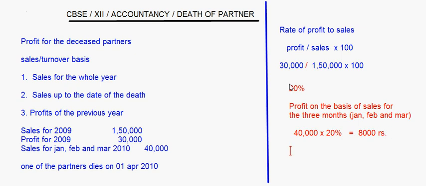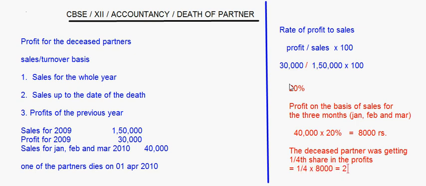Now let's say that the deceased partner was getting 1/4 share in the profits. So now his profits will be 1/4 into 8,000, that is equal to 2,000 rupees. So this 2,000 rupees will be the profit that will be given to him till the date of his death.